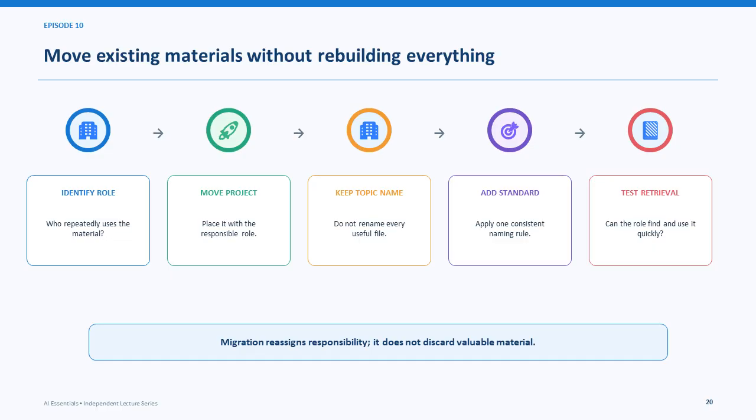Move existing materials without rebuilding everything. Inventory the source, identify reusable items, map them to the correct role, add missing context, and test the role using real work. Migration moves responsibility without discarding valuable material.